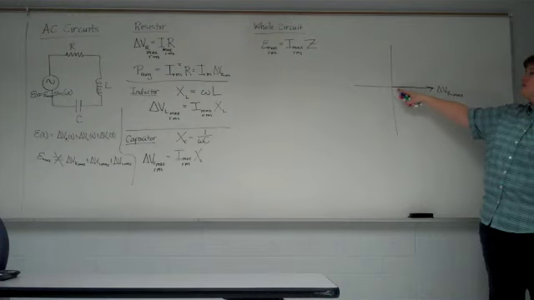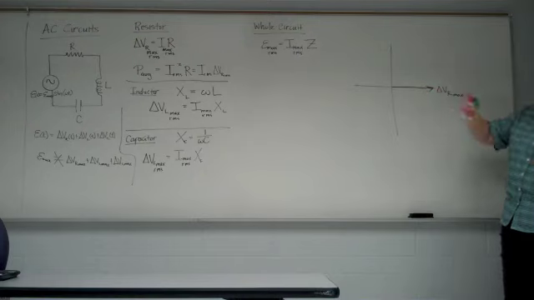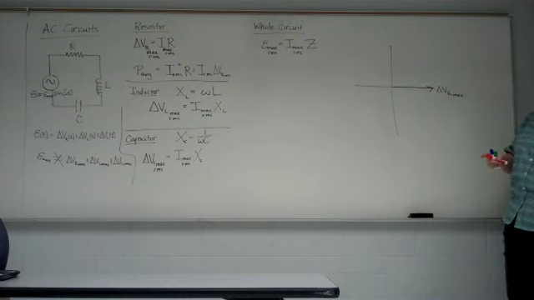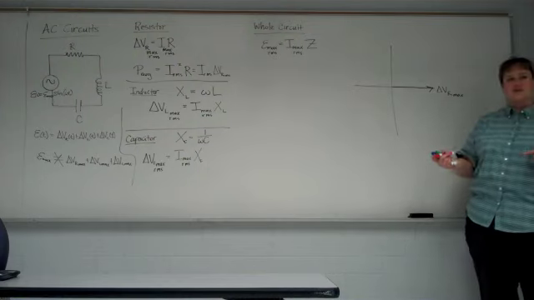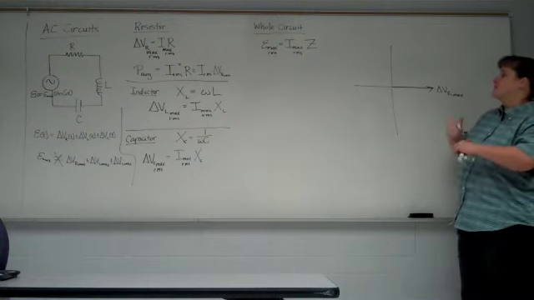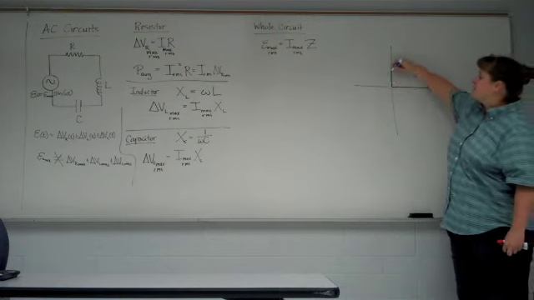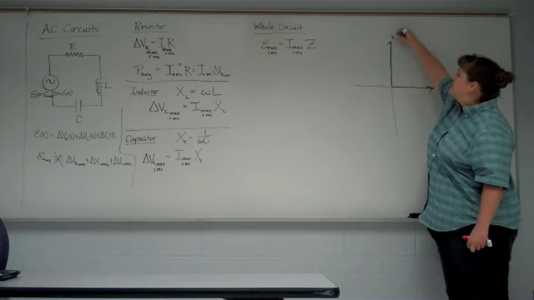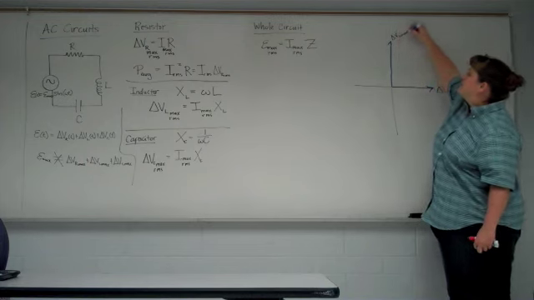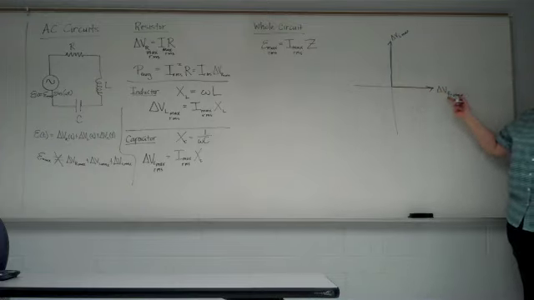So if I was to draw a current phasor, it would be along the same line as this delta V for the resistor. With the inductor, the voltage drop across the inductor leads the current by 90 degrees. So if I wanted to draw the phasor that represented the voltage drop across the inductor, it would have to point straight up, because it's 90 degrees ahead of the current, which is in phase with the resistor.